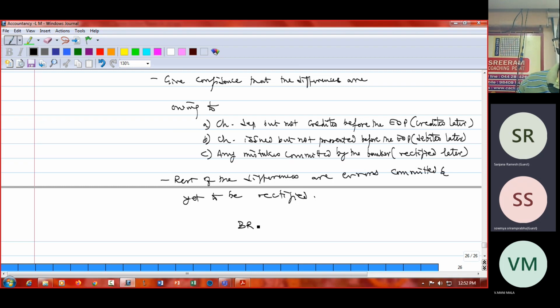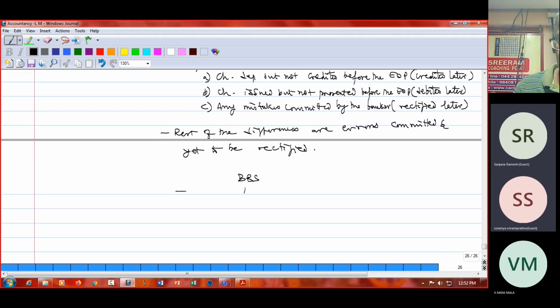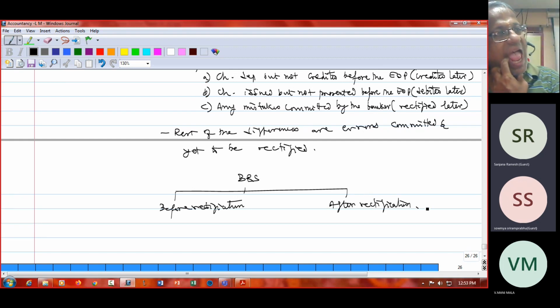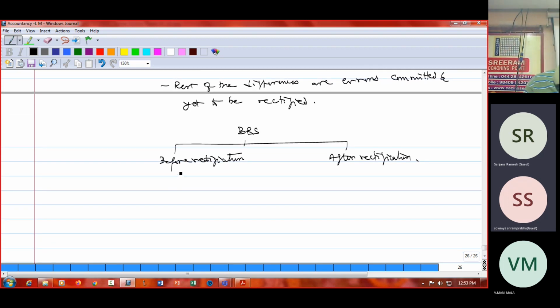So therefore, bank reconciliation statements are of two types: before rectification, then after rectification. Only one BRS here.